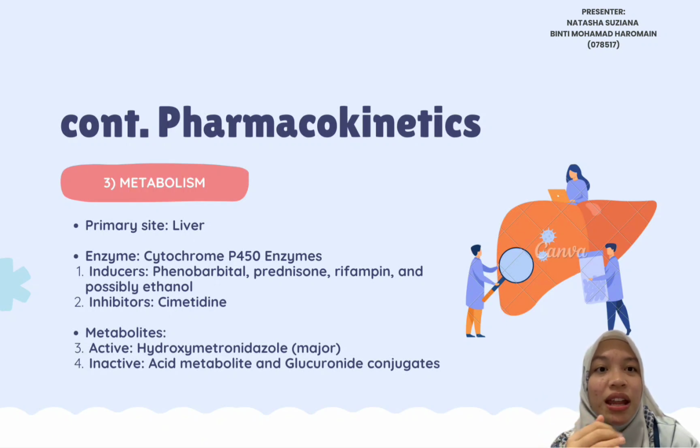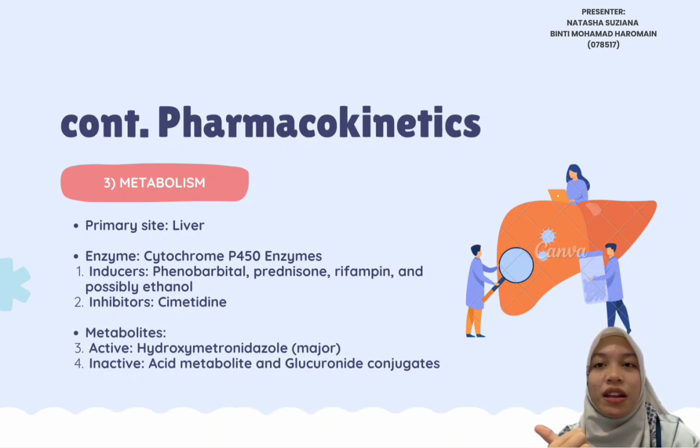These inducers can enhance metronidazole metabolism, while inhibitors can slow metronidazole metabolism, for example cimetidine. Metabolites are divided into two types. Active metabolites mean the drug retains its original therapeutic effect, while inactive metabolites lose their therapeutic effect and typically will be eliminated from the body.